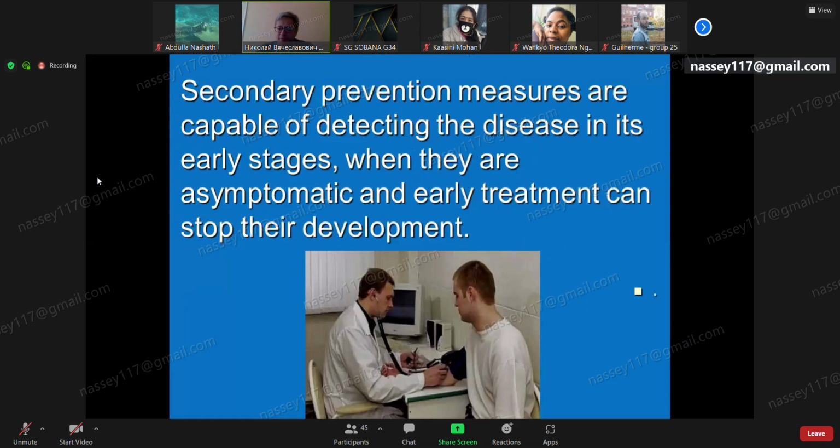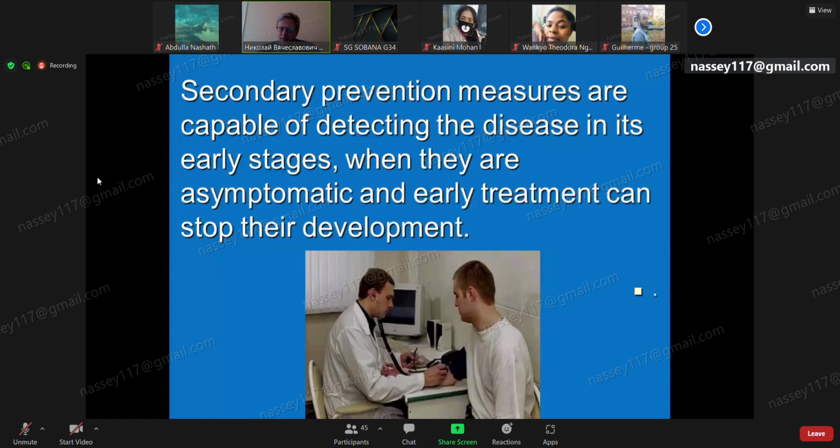Secondary prevention measures are capable of detecting the disease in its early stage, when it is asymptomatic and early treatment can stop its development. For example, early detection of ischemic heart disease is preferable when the functional class of stable angina is first.